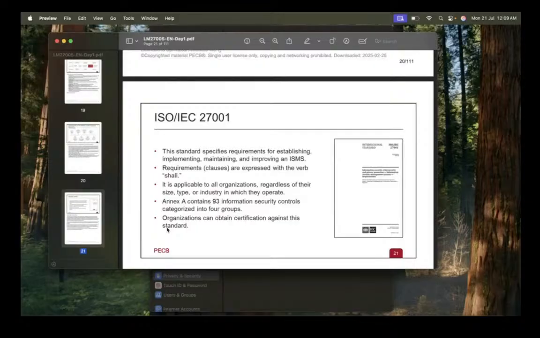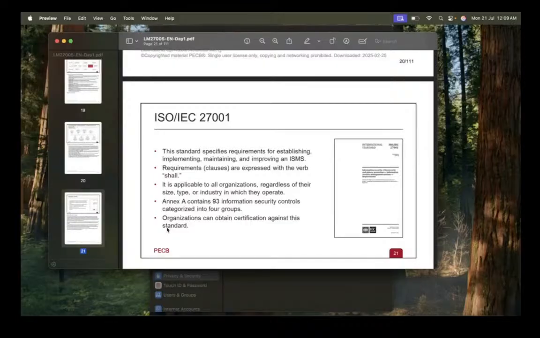But this standard, 27001, will be applicable to all organizations, whatever the industry or size, even if it is a small industry or a bigger one, this will be applicable.